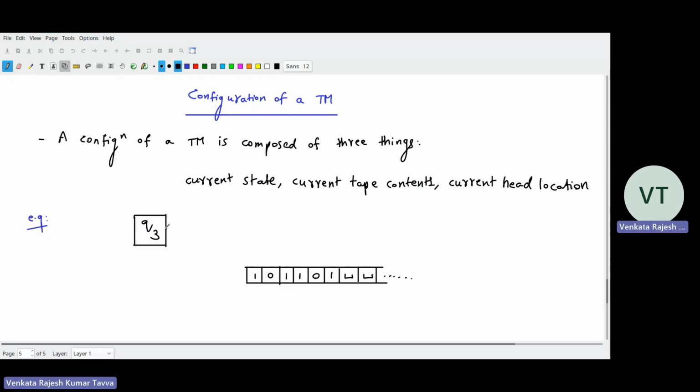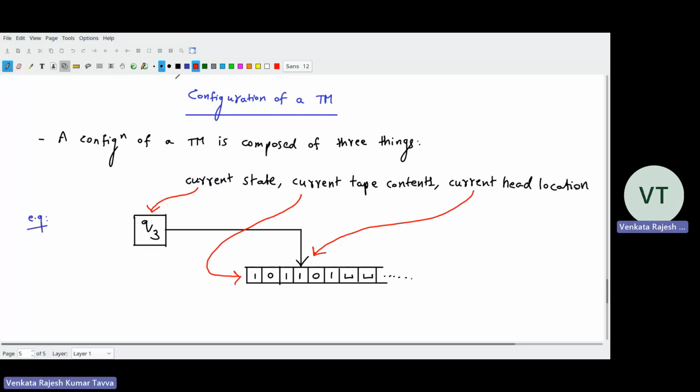And let's imagine the read-write head is on this one, the fourth symbol. Okay, so this is the current state, that is Q3. These are the current tape contents, 101, 101, followed by blank symbols. And this is the current head location.